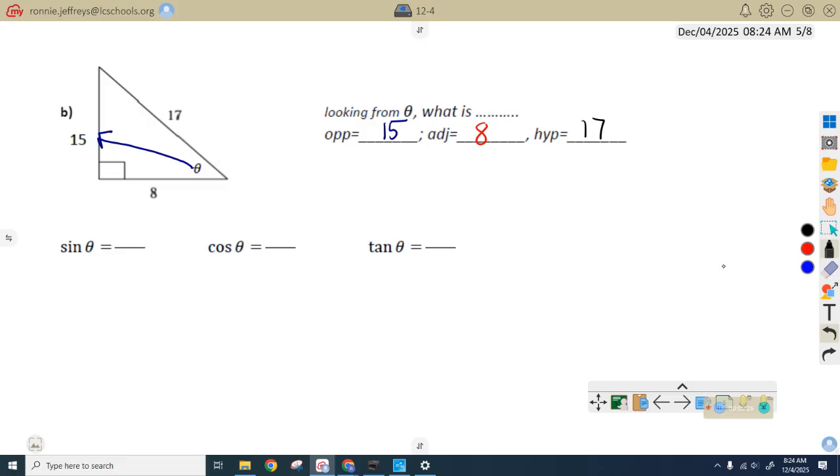So sine is 15 over 17, because it's opposite over hypotenuse. Cosine is adjacent over hypotenuse. And tangent is opposite over adjacent.